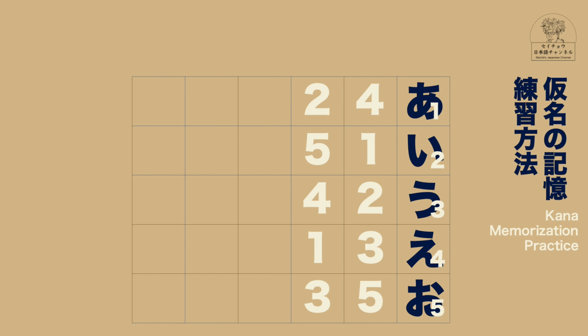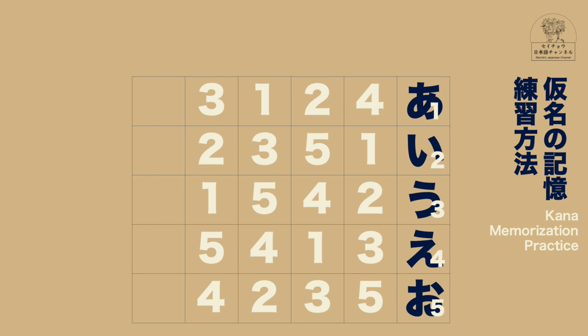For example, in the first row, I randomly write 4, 1, 2, 3, 5. Then, the next rows could be 3, 2, 5, 4, 1; 1, 3, 5, 4, 2; 3, 2, 1, 5, 4; and 5, 4, 3, 2, 1. So what comes next?